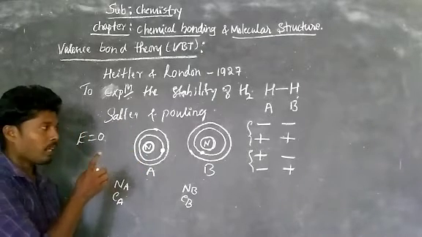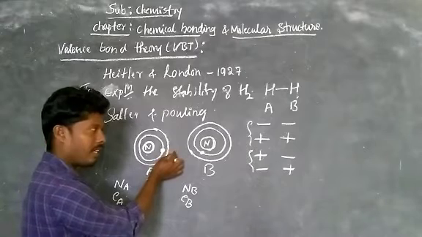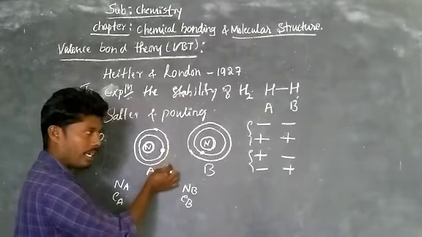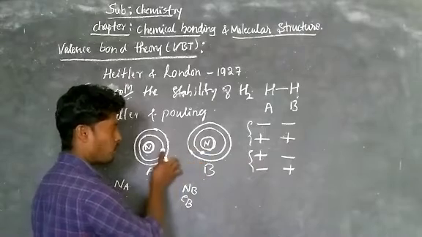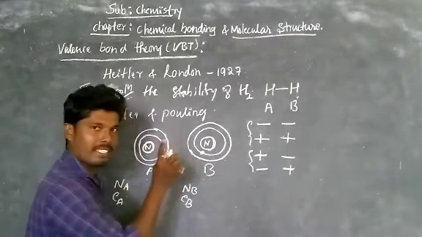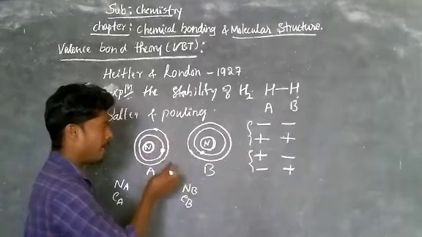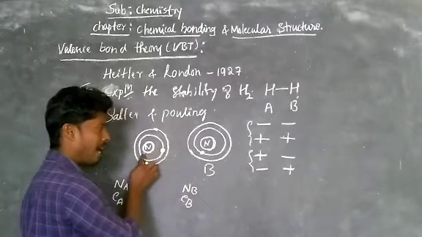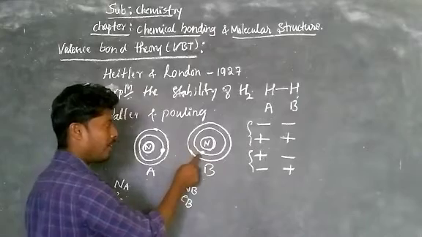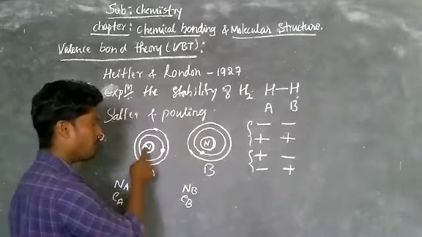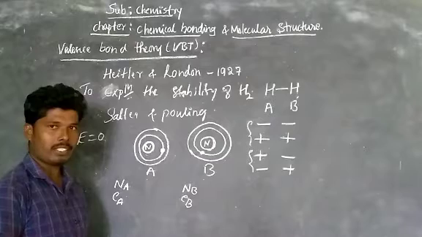Got it? If these two atoms come close to each other, then the repulsive force operates between these two electrons and these two nuclei, right? And similarly, the attractive force also operates between the electron of one atom and the nucleus of the other atom, and between the electron of the second atom and the nucleus of the first atom, because these are opposite charges.